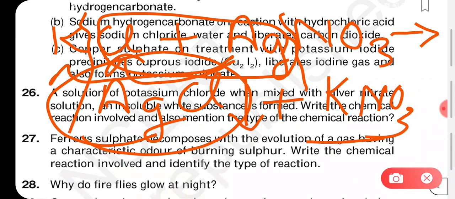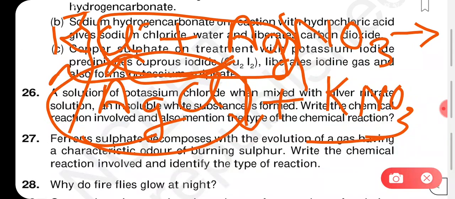Another way to understand it is that potassium chloride in its aqueous state will form 2 ions, one positive and one negative: K plus and Cl minus. Similarly AgNO3 will form Ag plus and NO3 minus ions. The negative charges will move towards the positive and the positive towards the negative and the bond will be formed, and this is how the reaction takes place.